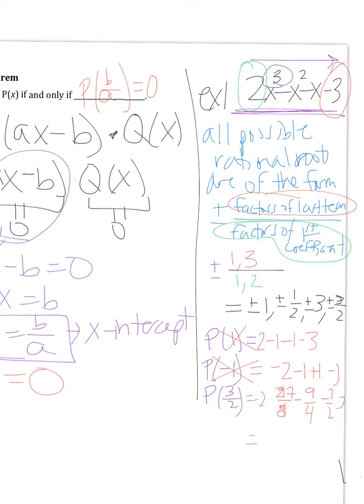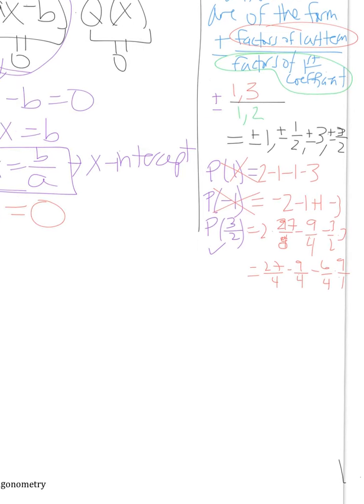If I continue that out, I have 27 over 4 minus 9 over 4. Then I'm going to switch the last two terms to over 4, minus 6 over 4 minus 12 over 4. And you'll see that that does work. So this is a root.